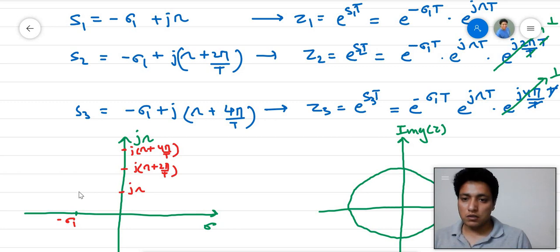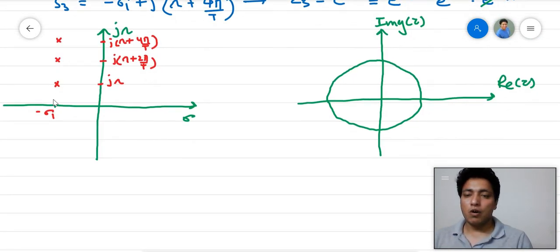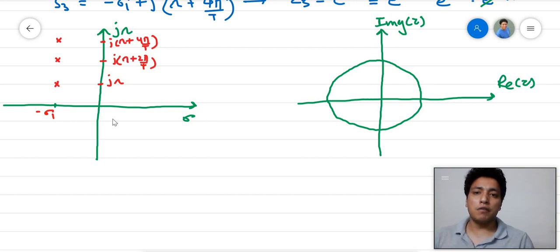The first pole is located at this position, the second pole at this position, the third pole at this position. We can clearly see all these poles are located at different points as their frequencies are different, right?